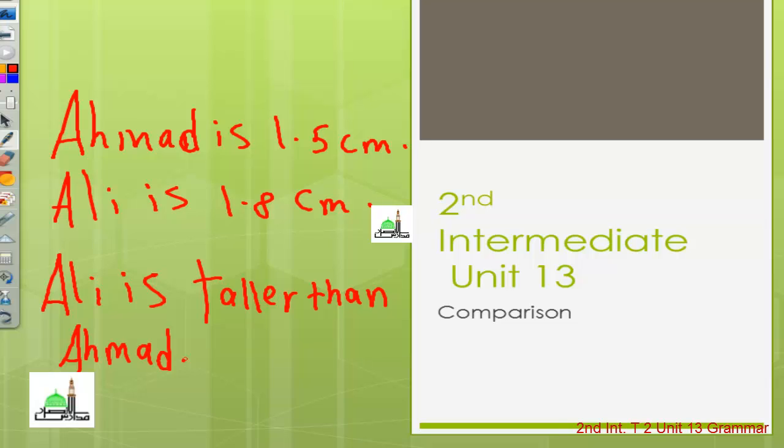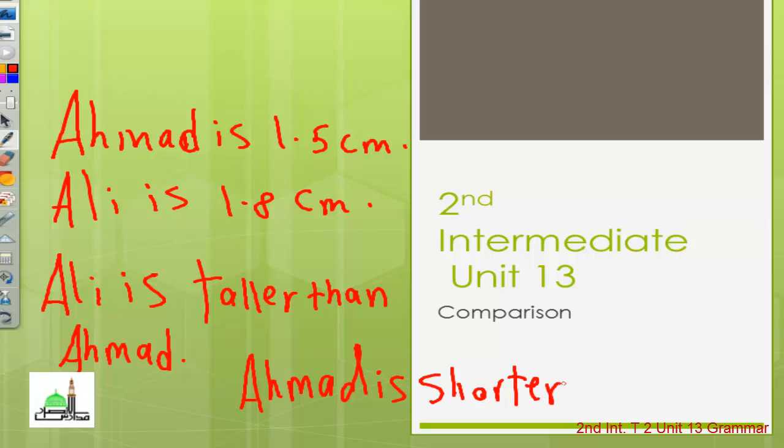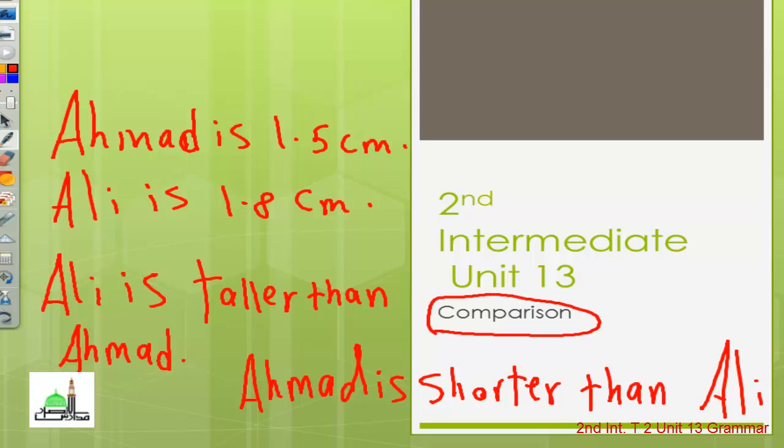In another way, I can say Ahmed is shorter than Ali. That's what we call comparison, between two things, between two people, between two cars, anything.